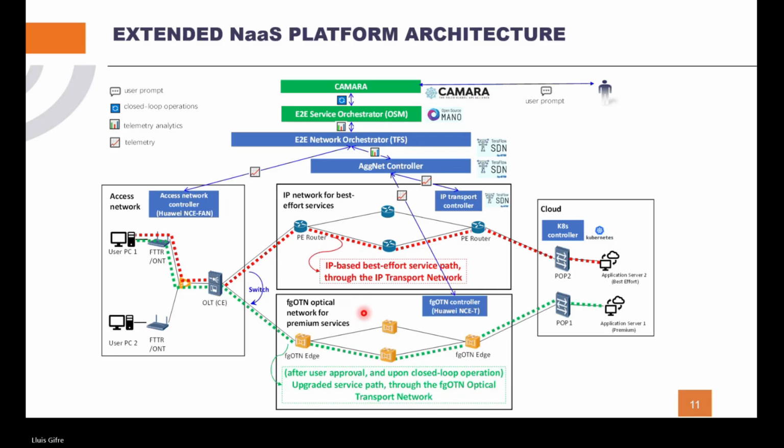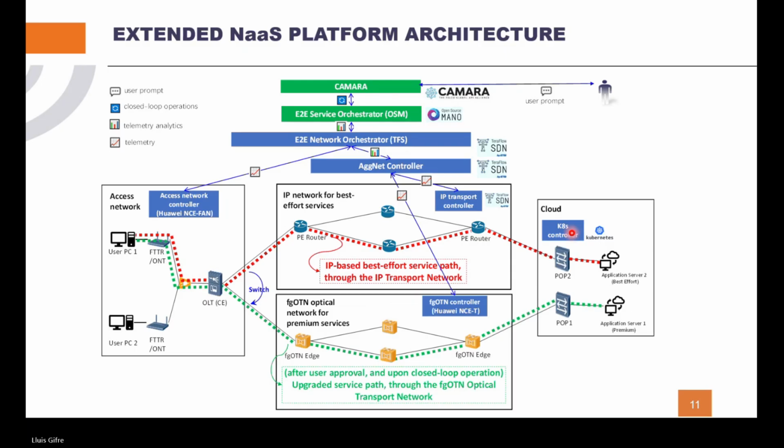So the idea here is that with the best effort, we can provide best effort services as we have right now on most of the internet. And with FGOTN, we can provide premium services where latency is constrained. This is based on a form of time division multiplexing with some guarantees on the latencies, the jitters, the capacities, and so on. So the idea of the overall demonstration is that at the beginning, we provision the service through the best effort network.